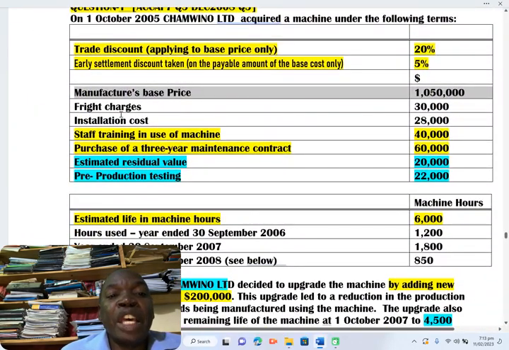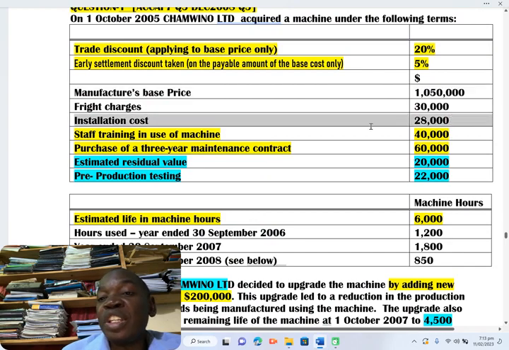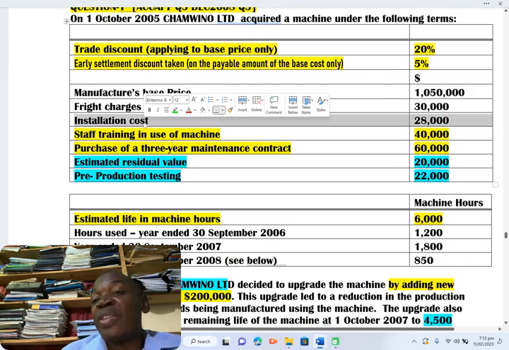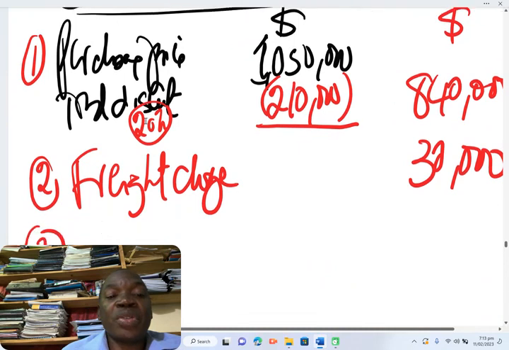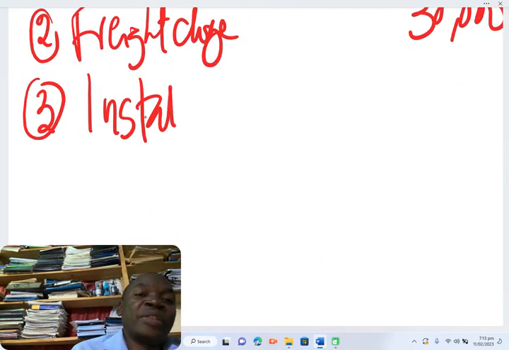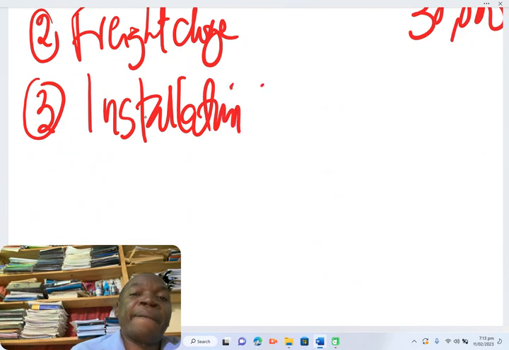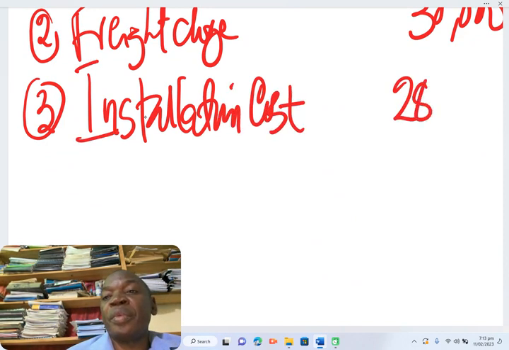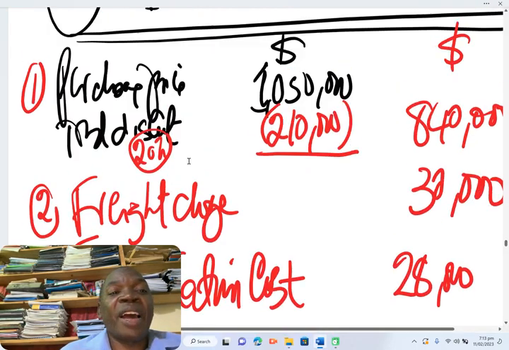Amesema installation cost. Installation cost itaingia kwa sababu ni direct attributable cost. So you write what? Installation cost kiasi gani? 28,000. Nimeeleka.